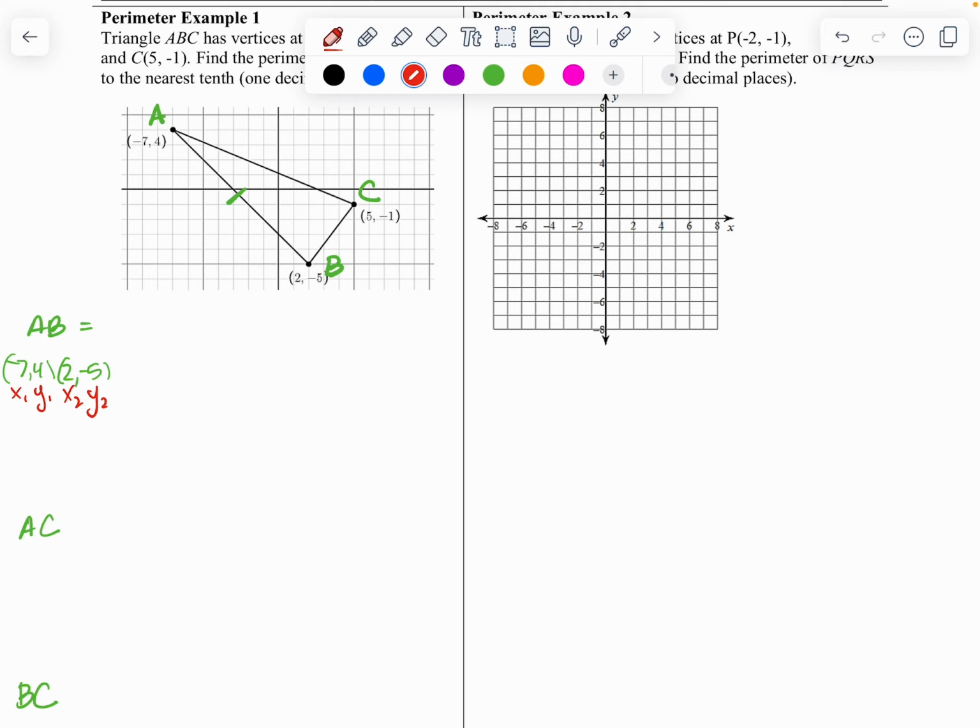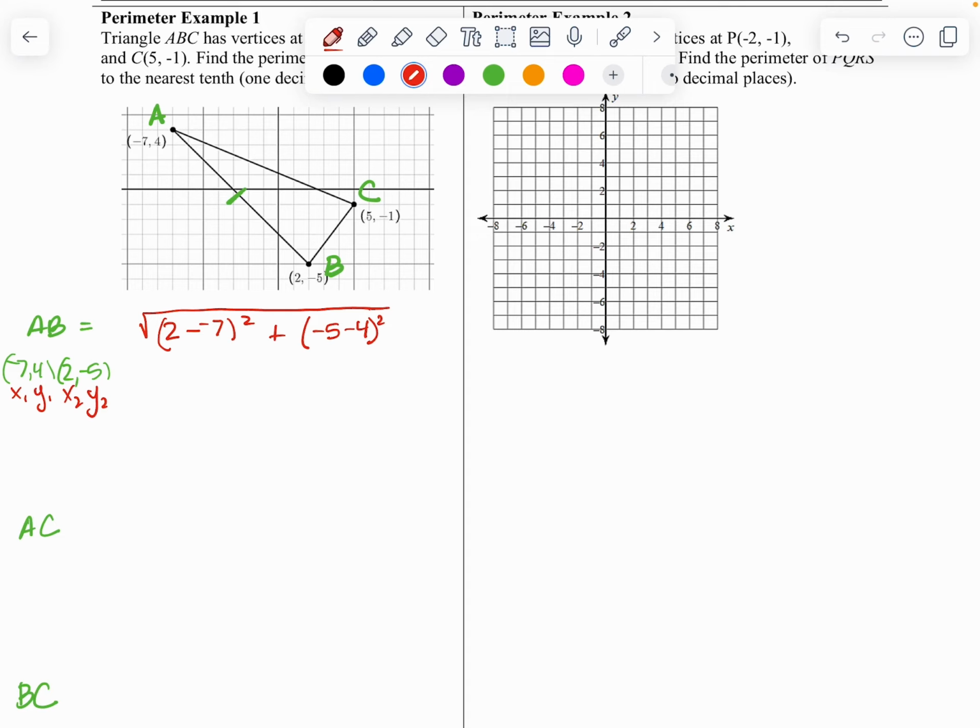So when I do this, AB is the square root of x2, which is 2 minus -7, squared, plus -5 minus 4, squared. Now it's really important that you put this in the calculator as a sentence, the whole thing.